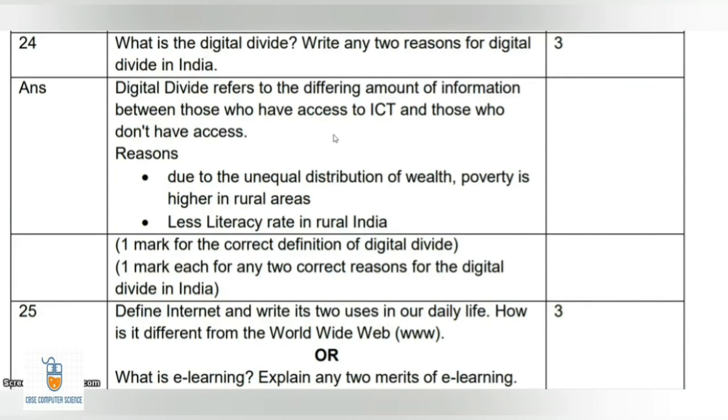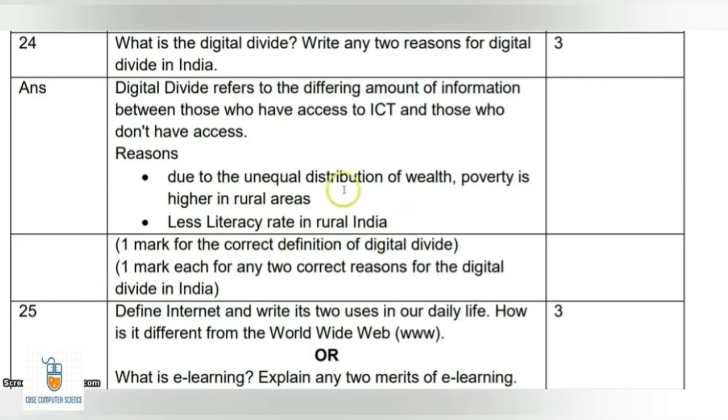So the information access varies from person to person in Indian society, not only India but around the world. This is known as digital divide. In India, the major reasons behind digital divide are the unequal distribution of wealth, since poverty is higher in rural areas so they cannot afford the internet and ICT, and less literacy rate. People are not aware or educated about the usage of ICT.